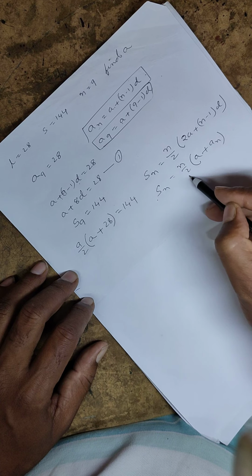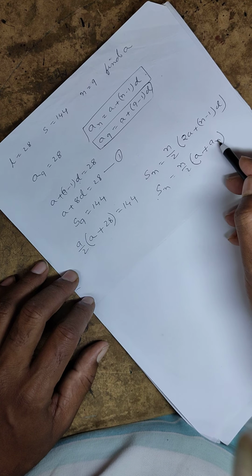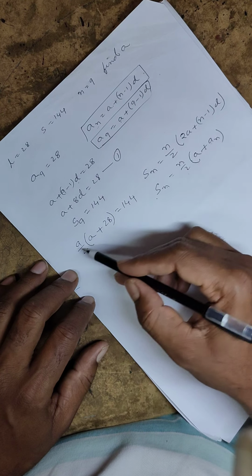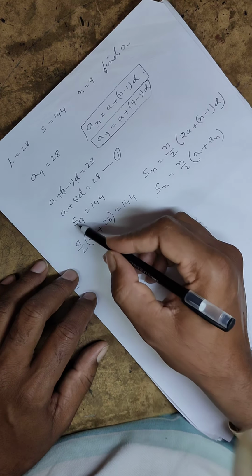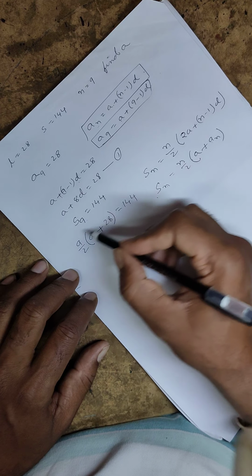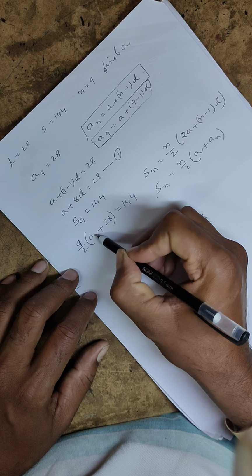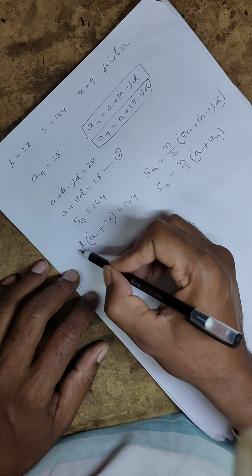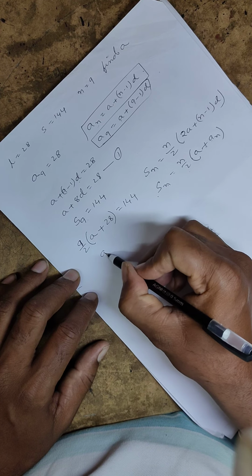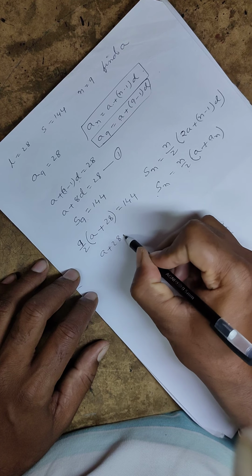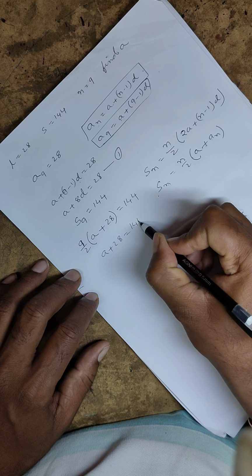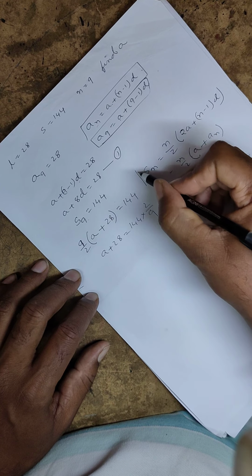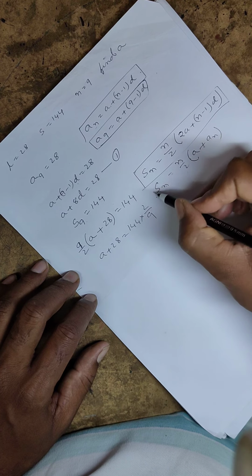Sn is equal to n by 2 into a plus an. n means the number of terms, 9. So S9 is 9 by 2 into a plus 28. See, this 9 by 2 you can take to this side. a plus 28 is equal to 144 into 2 by 9.